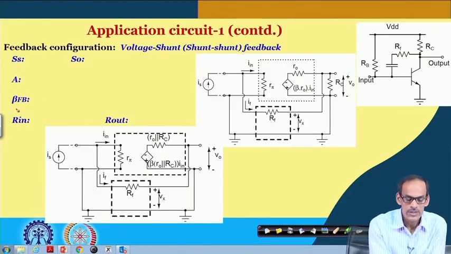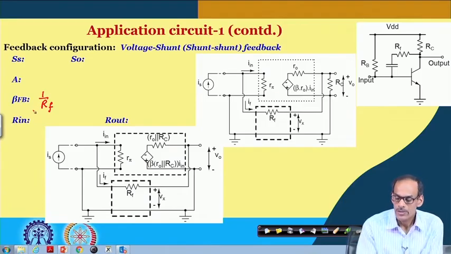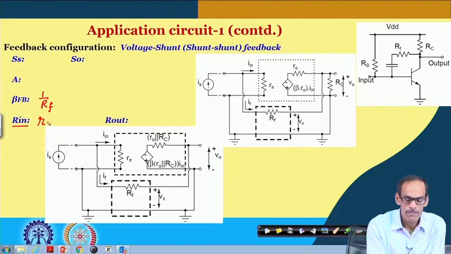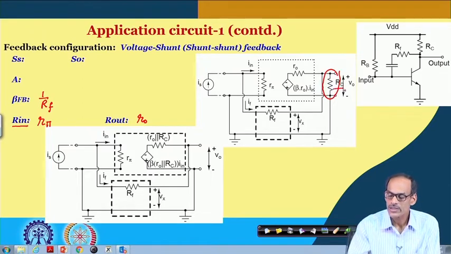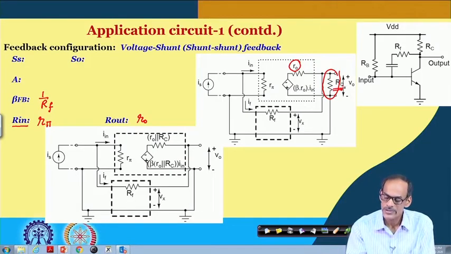So, we can say that beta FB is 1 by R F. The input resistance of the circuit is R pi, and the output resistance in this case is R o, which is also getting loaded with R c, and typically this R c is much smaller than R o. So, it is better to internalize this R c with this amplifier.